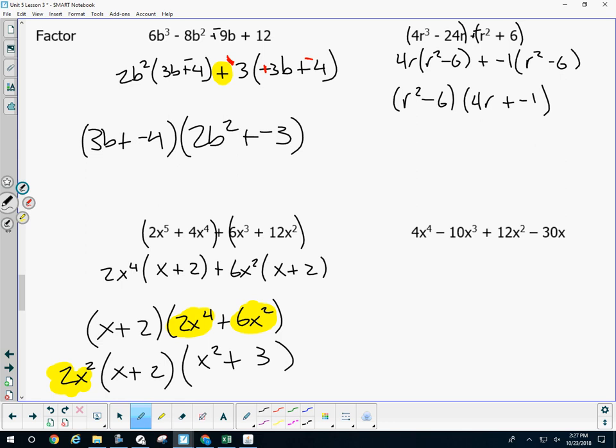We could have either factored by grouping from the beginning and then realized, oh, maybe I can factor this out at the end. Or from the start, before I grouped, I could have pulled out 2x squared, and then everything would have changed to be x cubed plus 2x squared plus 3x plus 6.